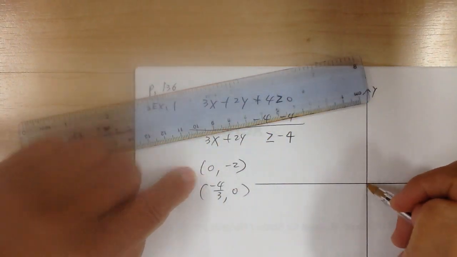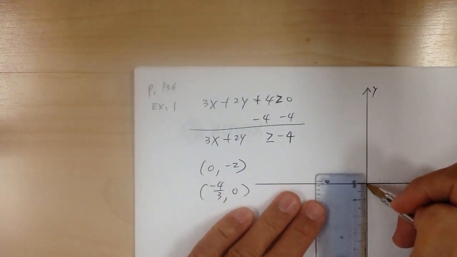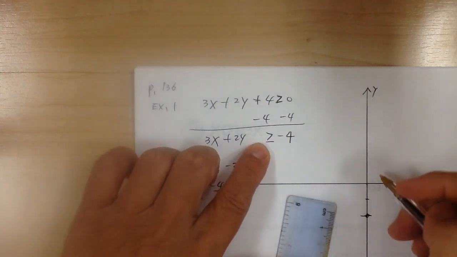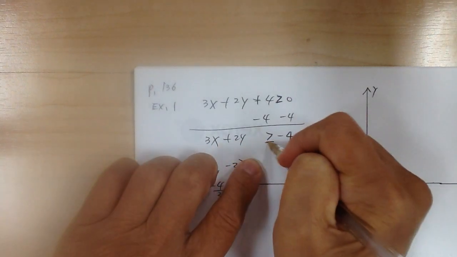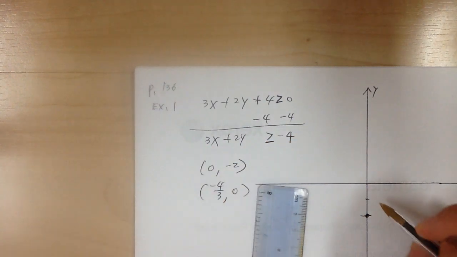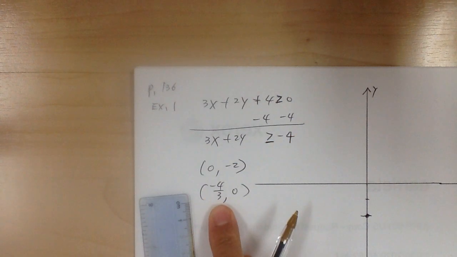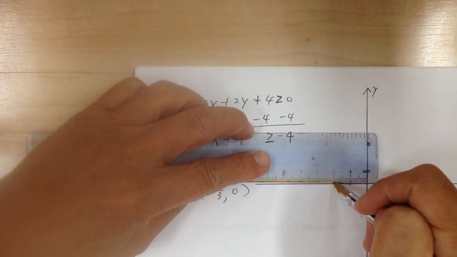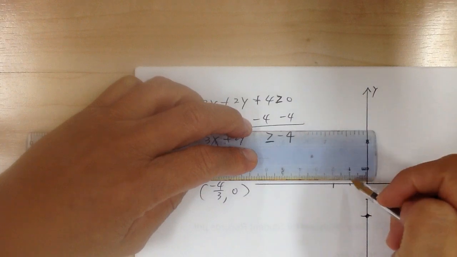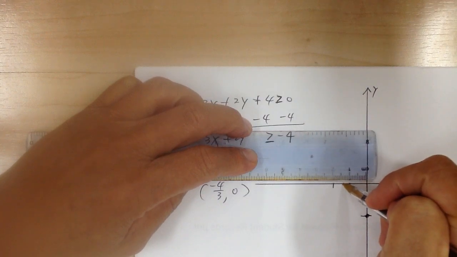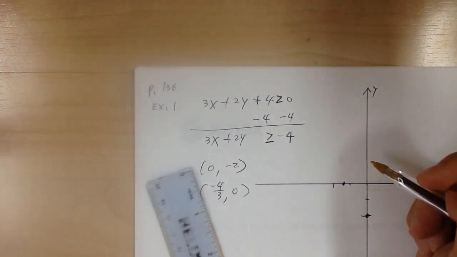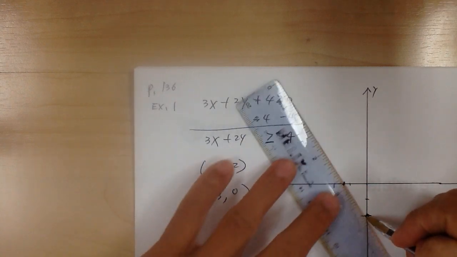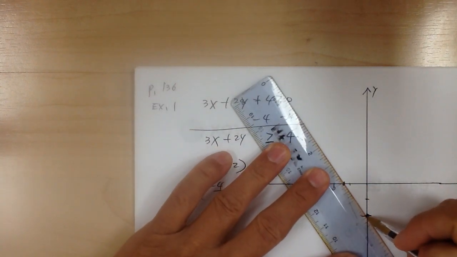The first point is 0, negative 2. This is going to be a closed circle because there's an equal sign here, so it's filled in. Then you have negative 4 over 3, which is negative 1 1/3, so it's about right here. So negative 4 over 3, 0. And then you just connect the two dots.